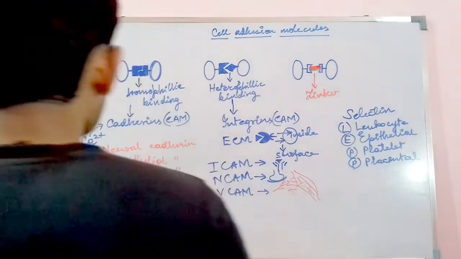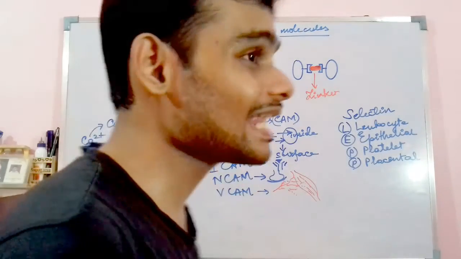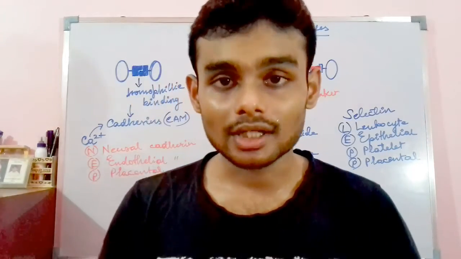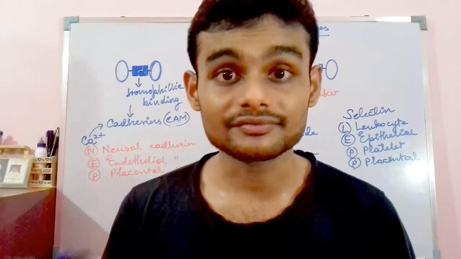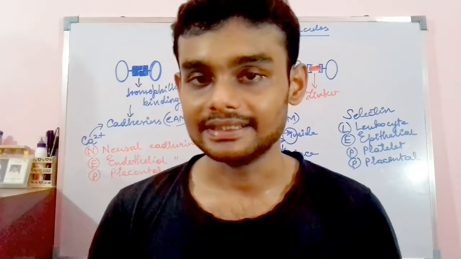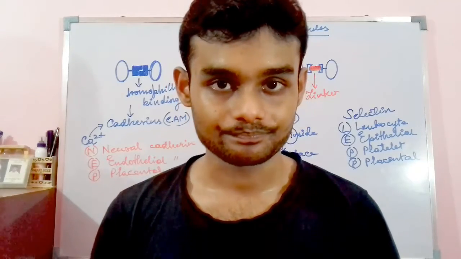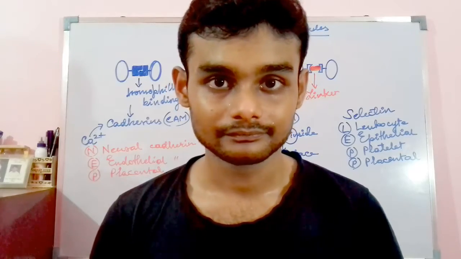Okay, so this is all about how the cell adhesion molecules function to convey messages from one particular cell to another through the physical mode, and thereby maintain the affinity or rigidity between two different kinds of cells in different tissues, or might be the same kind of cell within a particular tissue, right?